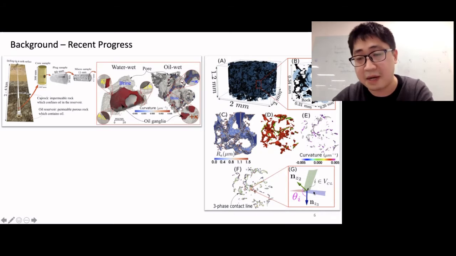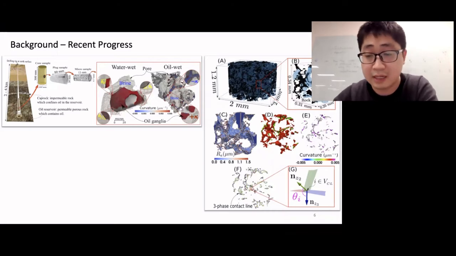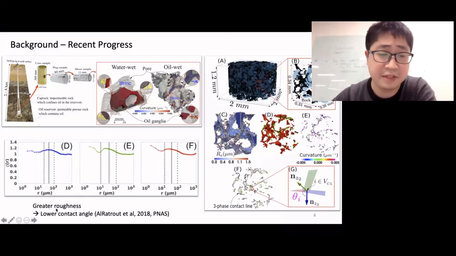Then they can measure the contact angle along the triple line, the solid 1, solid 2, and liquid 1, liquid 2, and solid contact line. They find that there's a correlation between roughness and contact angles, where greater roughness correlates with lower contact angles.